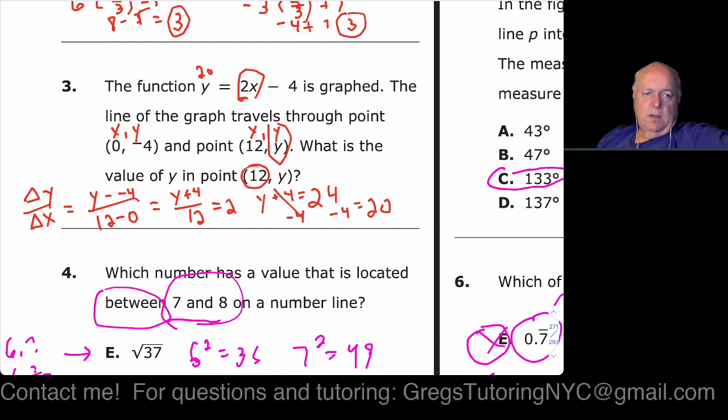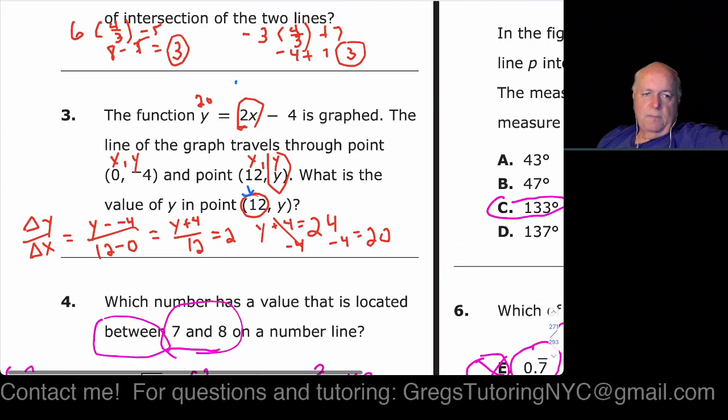So what we could have done was immediately do 2 times 12, which is 24, minus 4. And so we have 2 ways to solve this now. Obviously, that second way is a zillion times faster. So that's how to solve number 3 in 2 different ways.